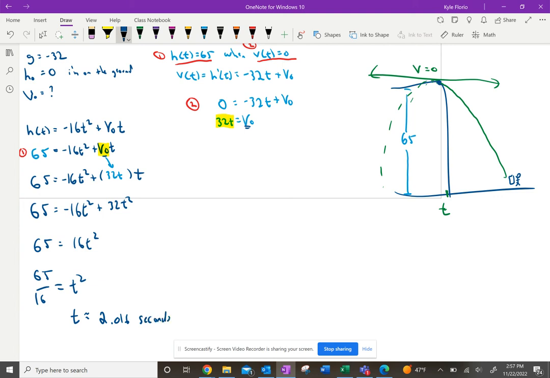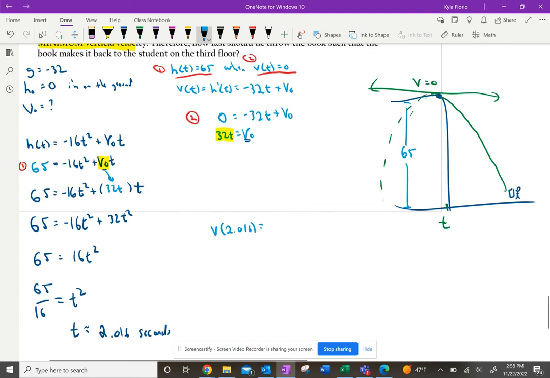If I want to find the velocity, what velocity will it take to throw it to a max height of 65 feet? Let's use my velocity equation. The velocity after 2.016 seconds is going to be negative 32 times t plus my initial velocity.